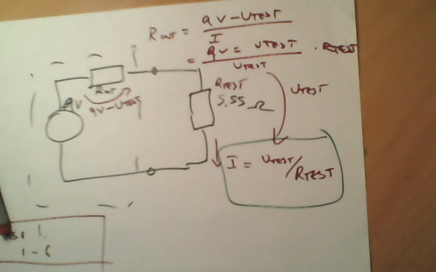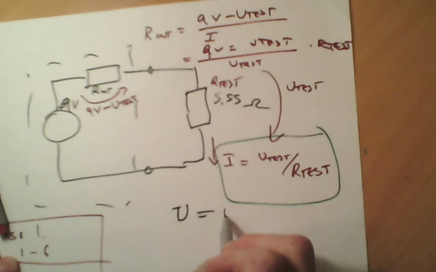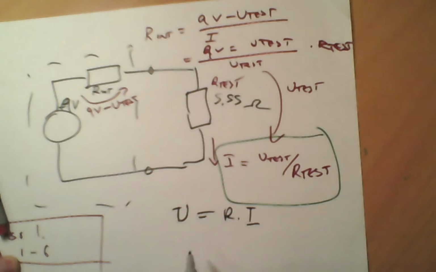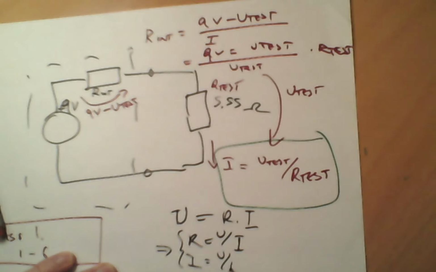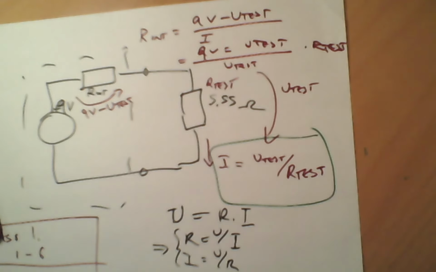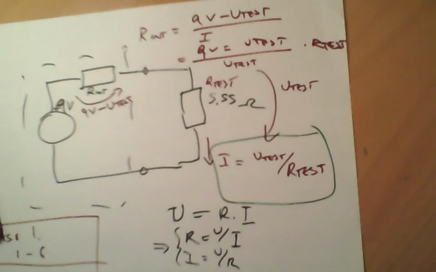Ohm's law by itself is U equals R times I, and it also means that I equals U over R. Same formula. So that's how you determine the current, by calculating.